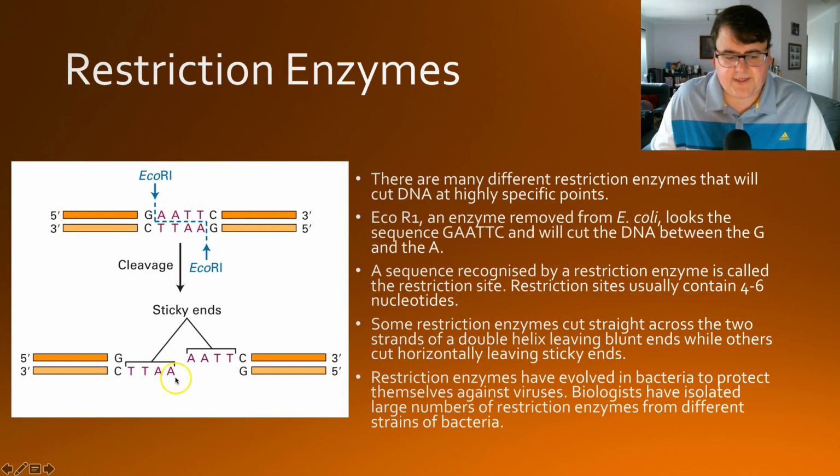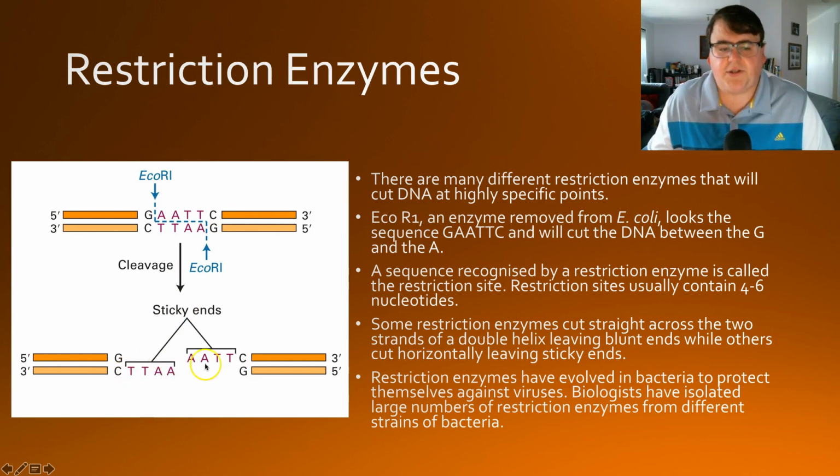That leaves a section of exposed nucleotides on each side, and that's sticky because they're willing to bond with other fragments of DNA, because they have this end that's looking to make hydrogen bonds. So sticky ends are basically what you get when you cut a strand of DNA at different points on each strand, creating strands with extensions that are looking to bond with other strands.